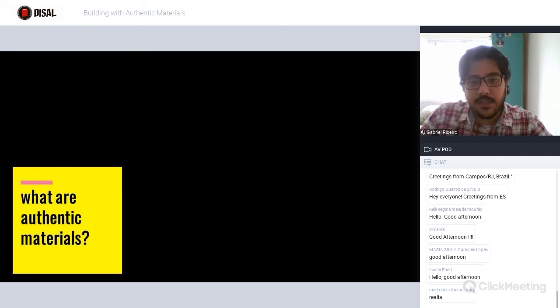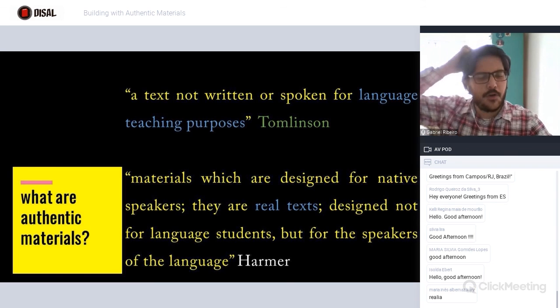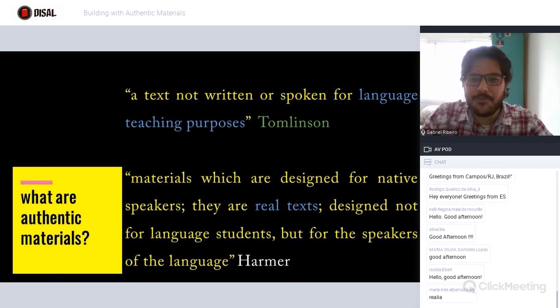In this case, we're thinking about texts and examples in a specific setting. So I got here two definitions, one from Tomlinson and one from Harmer.